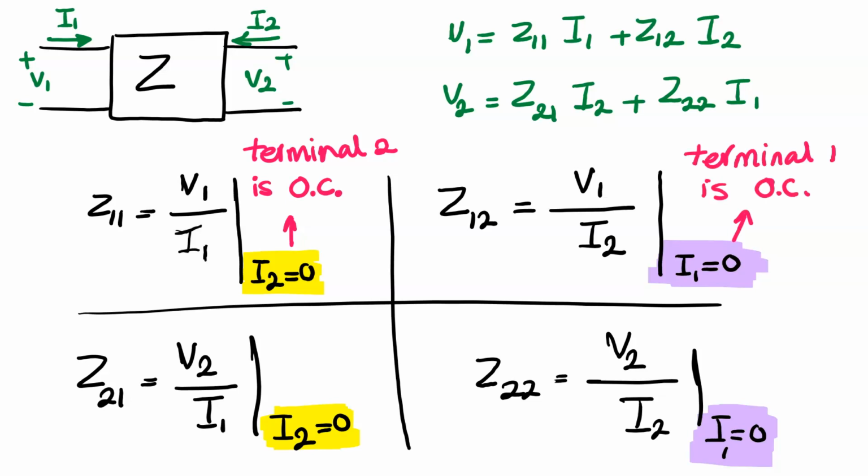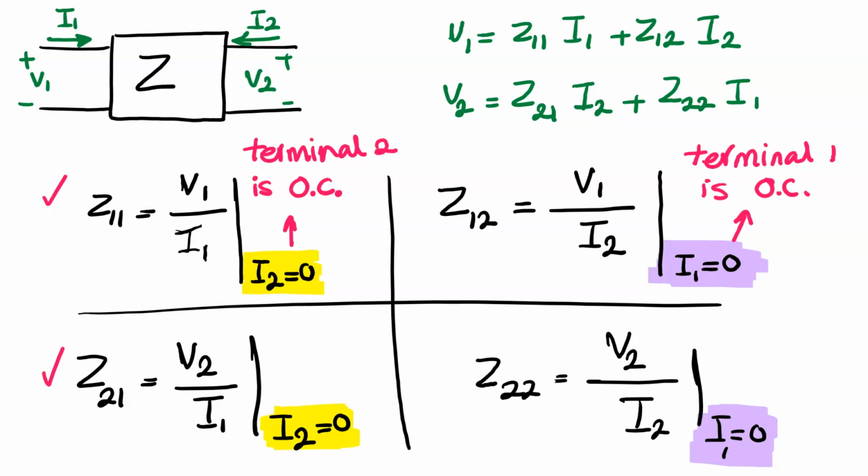So in order to find Z, which describes your voltages in terms of current, the first time you have to make your second terminal open circuited, and then you have to find your Z11 and Z21 by finding these two relationships.